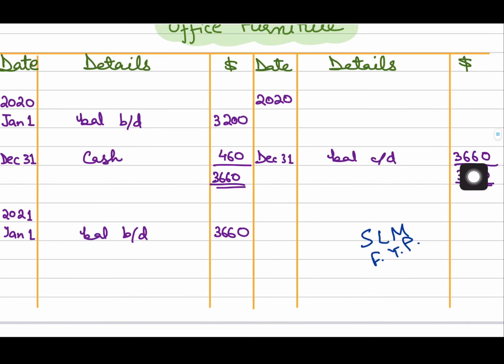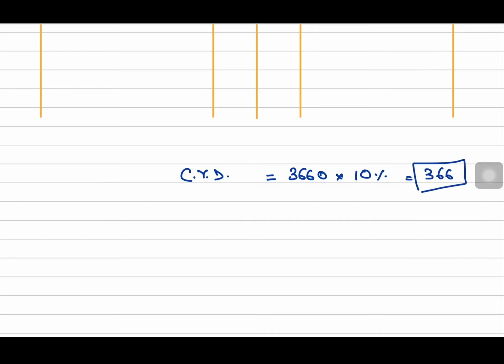So the balance CD figure is 3660. 3660 multiplied by 10% will give me my current year depreciation, and that would be 366. This is the depreciation on old as well as on the new asset.